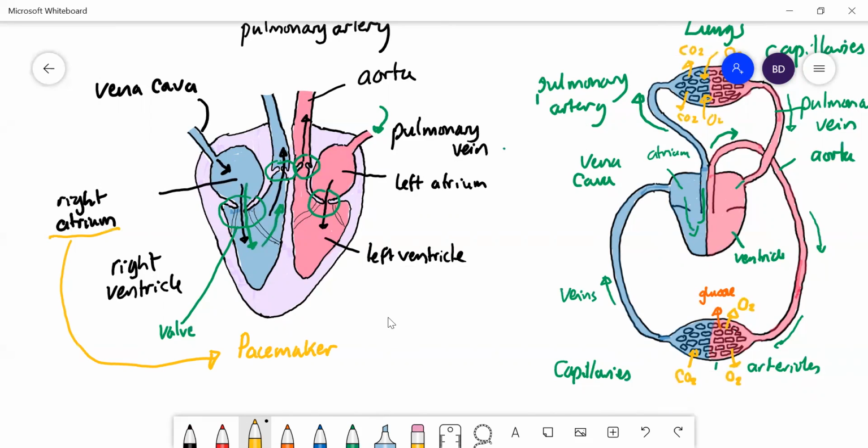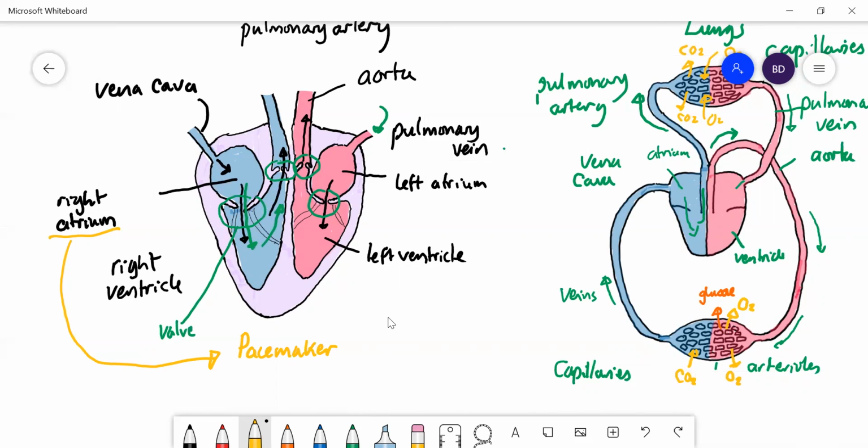Okay, so it gives it a steady beat, which is about 70 beats per second, but then it's under the control of nerves. So when you are exercising, it can make the pacemaker fire more rapidly, so the heart beats more quickly, or when you're asleep and resting, it slows down the activity of the pacemaker cells, and so the heart beats at a slower rate.